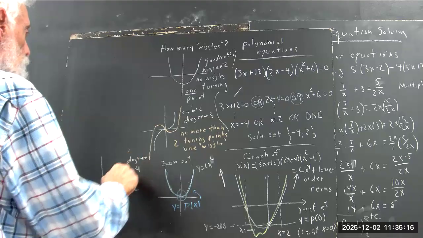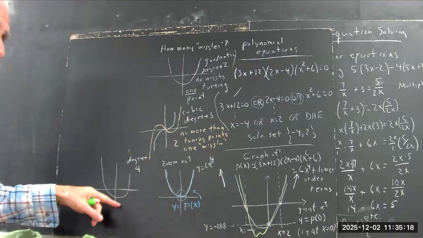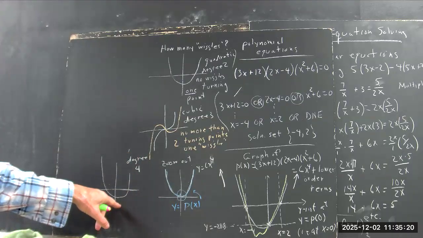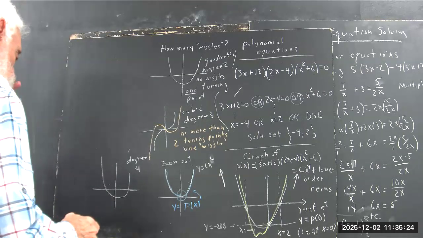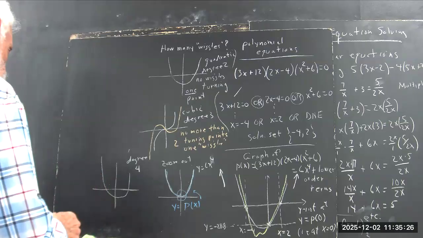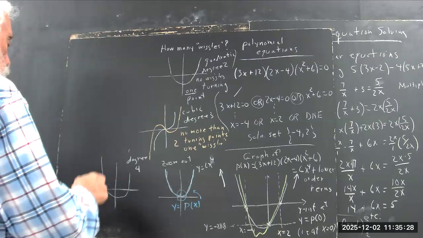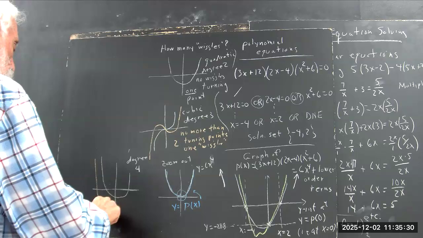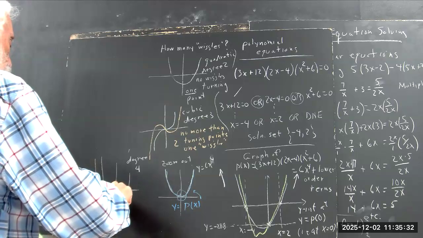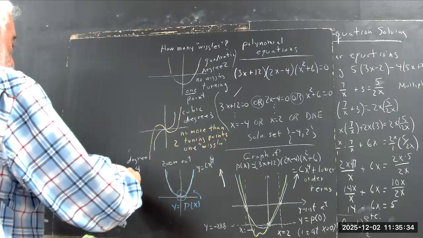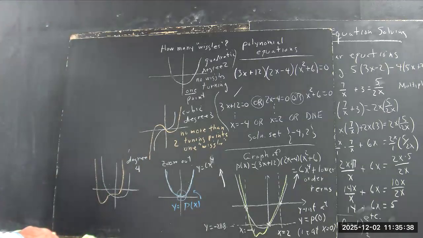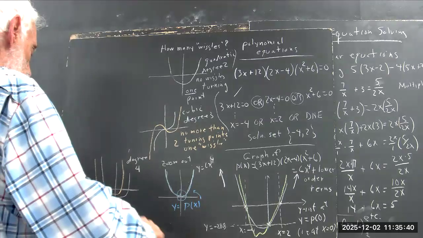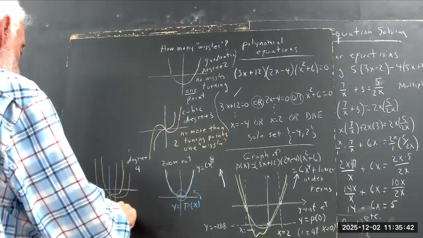It's a lot like a quadratic, but it's flatter toward its vertex. Okay. Or it could look like this. Or it could look like this.